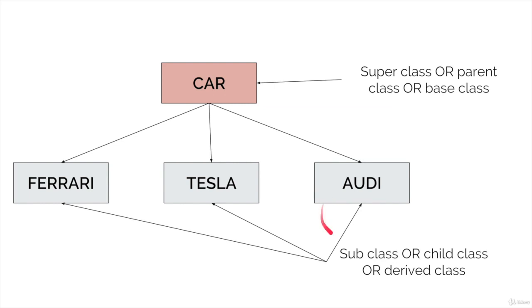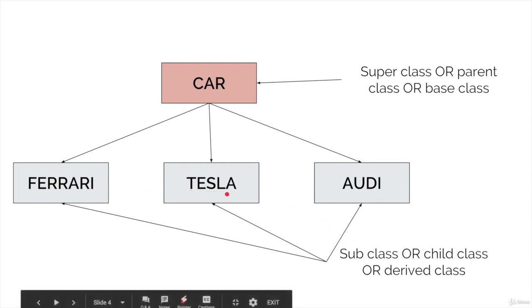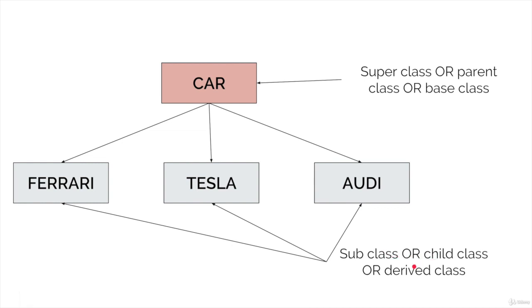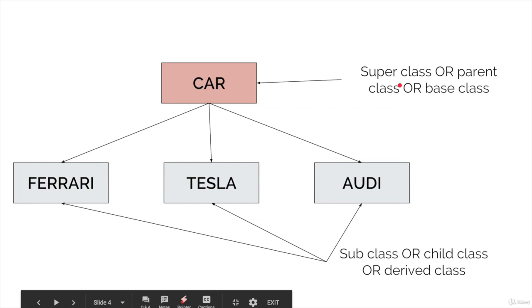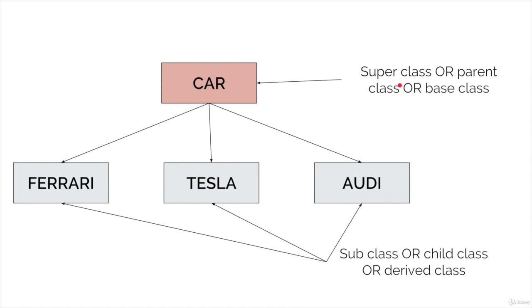Ferrari, Tesla, and Audi are also known as subclasses, child classes, or derived classes. Different people will use different terminologies in the world of object oriented programming. Some might call it superclass, some base class, some parent class. So it's important to know that all three of them mean the same.